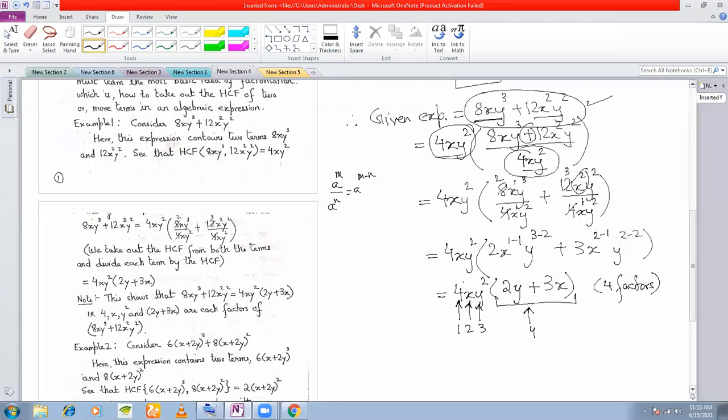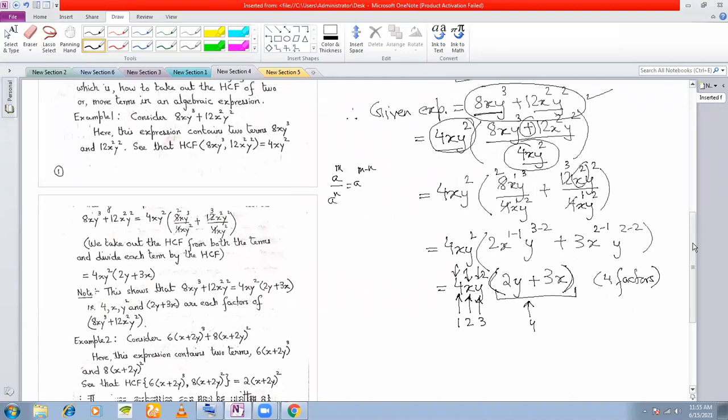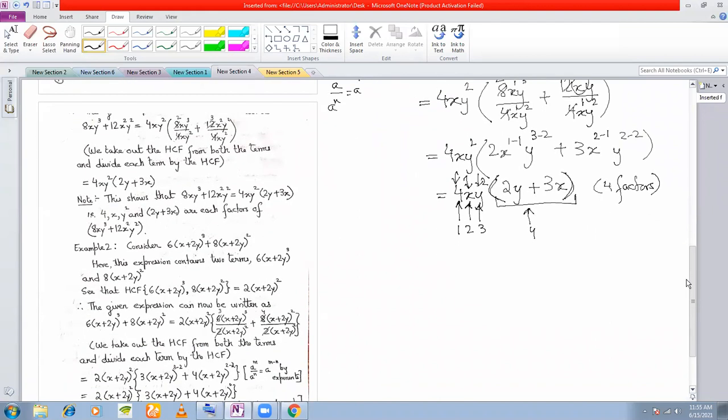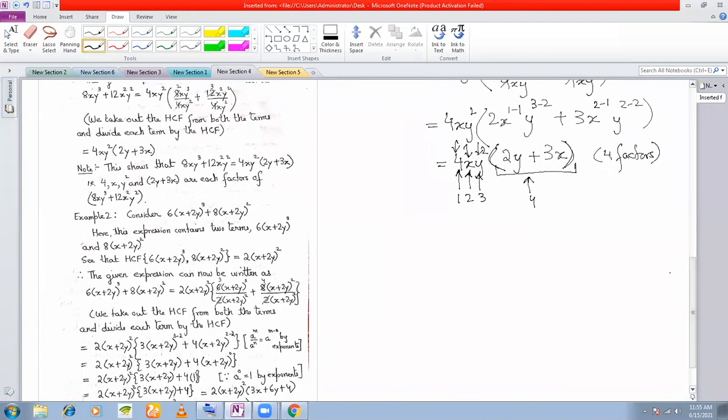And what are the factors? X is a factor, y square is a factor, and 4 is a factor, and also 2y plus 3x is a factor. Okay, so this is the way we shall be using to work out problems from grouping of terms under factorization.